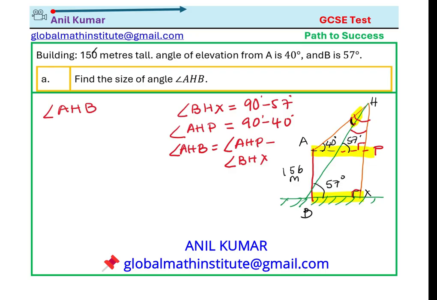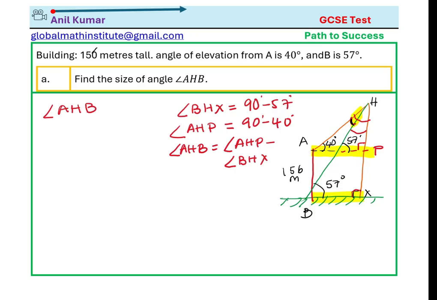Now that angle AHB is an interior angle, right? And 57 is the exterior angle. So 57 degrees should be equal to, let's call this angle AHB, plus 40 degrees. You understand this part?